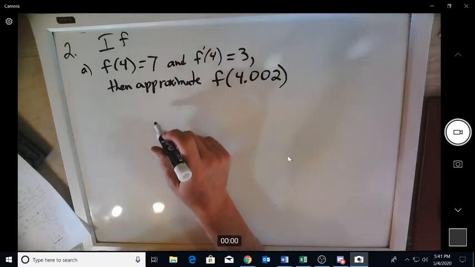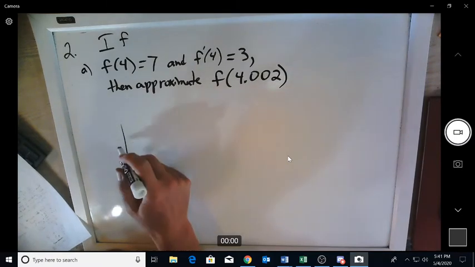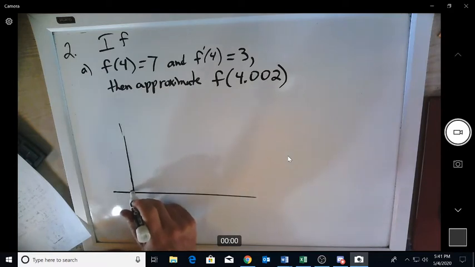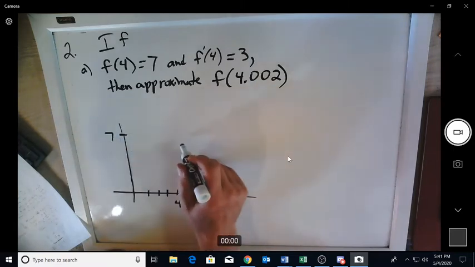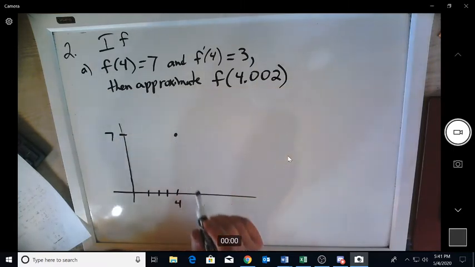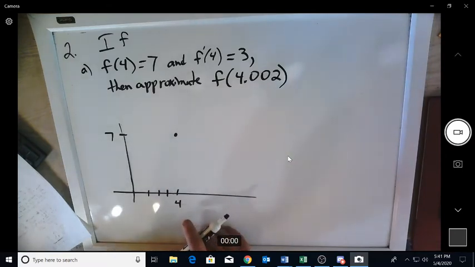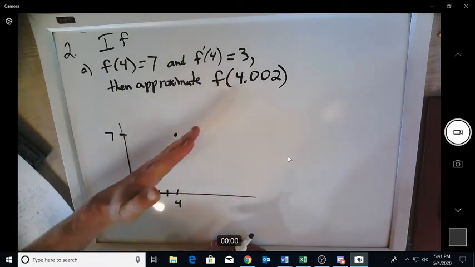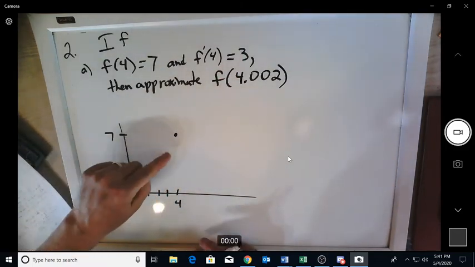All right, so on this one, let's look at the visual interpretation of this. f of 4 is 7. We know that the function has to pass through this point. But does it pass through it like this? Does it pass through it like this? How do I know how it passes through this point?